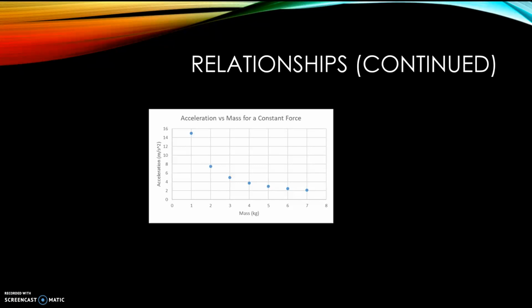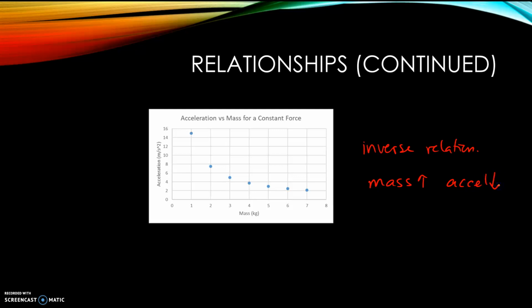And then there is a third one, and this is, as mass increases, in this case, acceleration will decrease. And we would call this an inverse relationship. Okay, so this is an inverse relation. As one variable goes up, okay, so as mass goes up, my acceleration will go down.